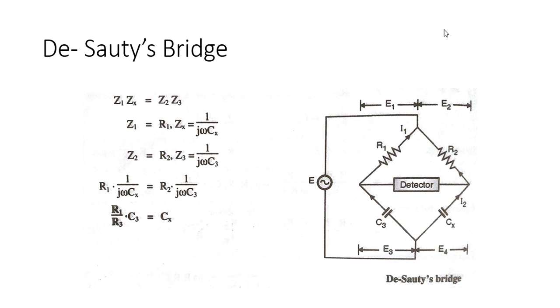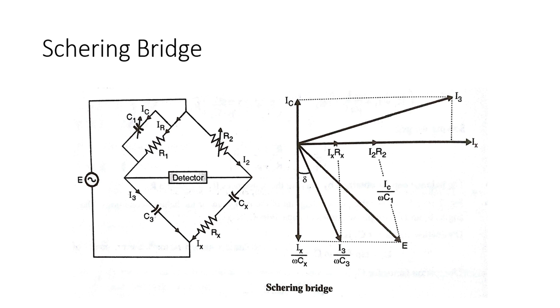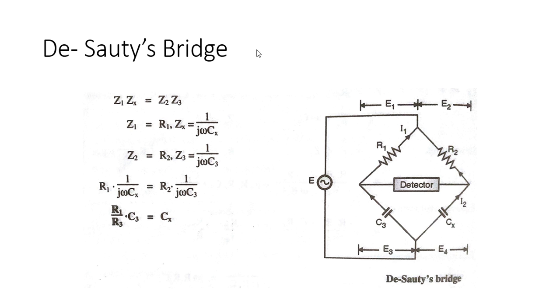Here I have not covered the phasor diagram; that is very simple, you can refer to a book or draw it yourself. Before the last type of bridge, the Schering bridge, let us look at the advantages of the de Sauty bridge.